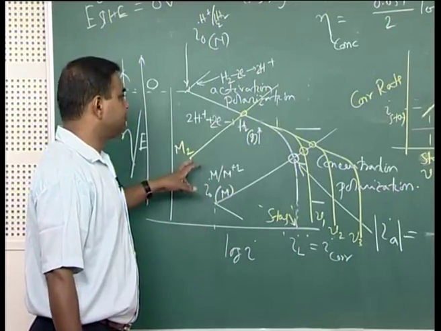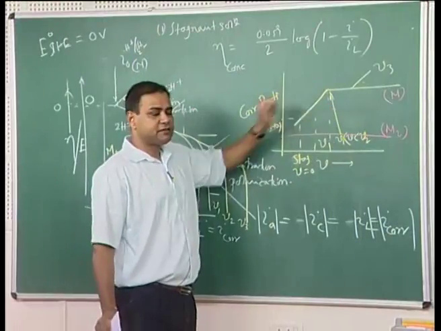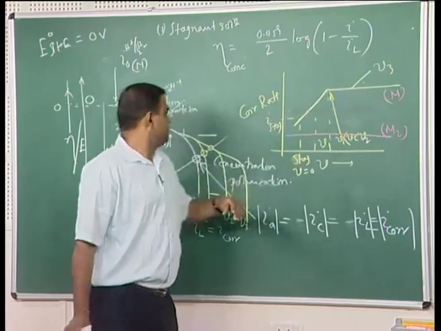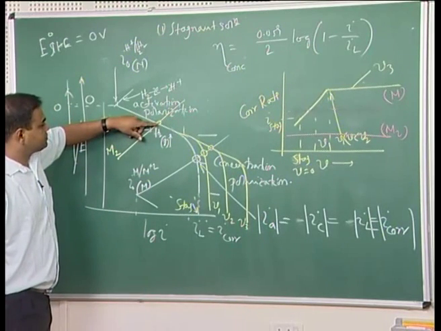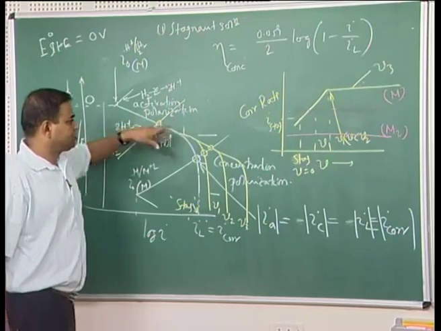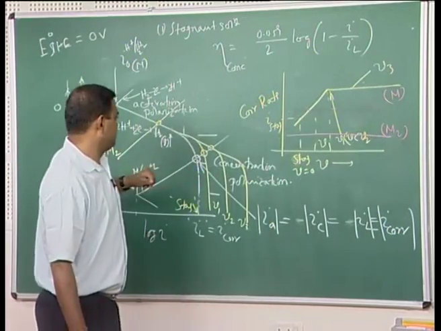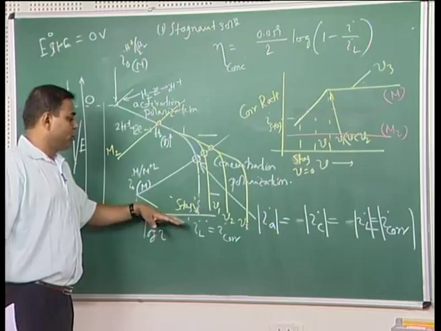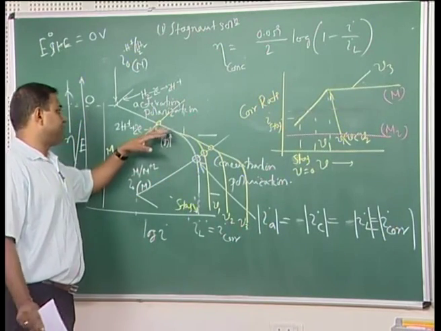For example, in case of M2, velocity does not have any effect. For example, the red line, because always the current density corresponding to the corrosion point is going to be this. So, current density always remains constant as a function of velocity, because with the velocity of course, we are getting the change in IL, but that is not going to affect this.